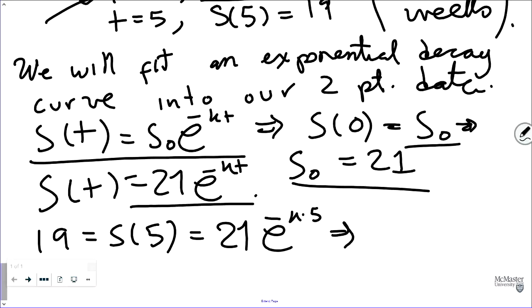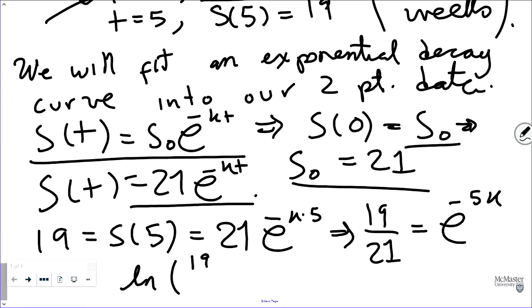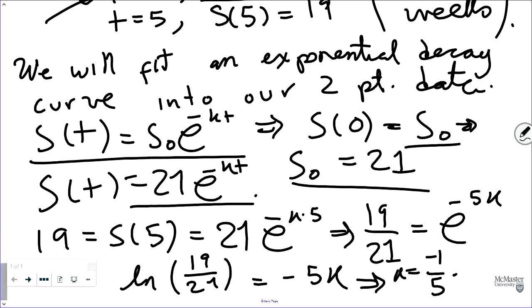But if I do the manipulation, I pass the 21 to the other side. So 19 over 21 is equal to e to the minus 5k. If I apply a natural log to this, I would have minus 5k, because the exponential and the natural log are inverse functions. And then that would mean that k is equal to minus 1/5 multiplied by the natural log of 19 over 21.